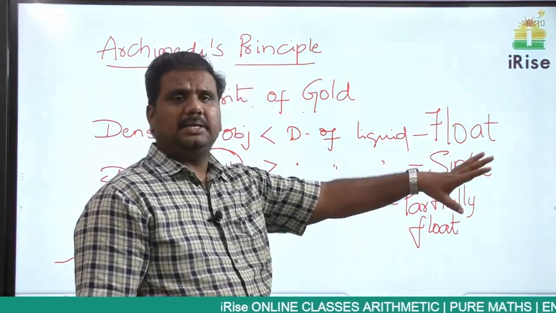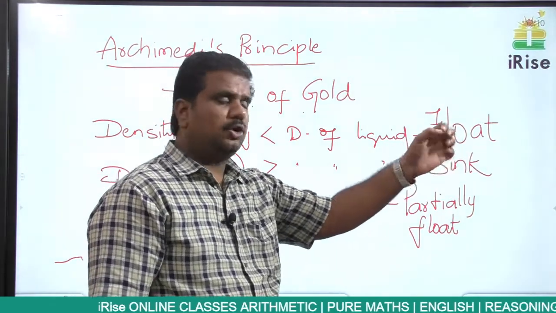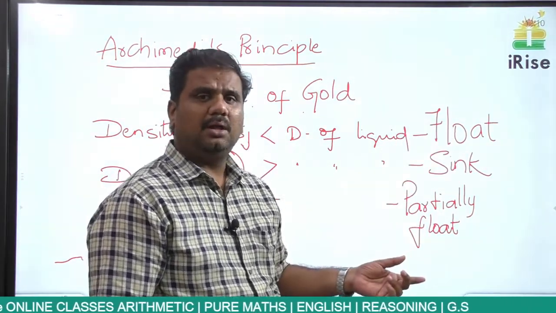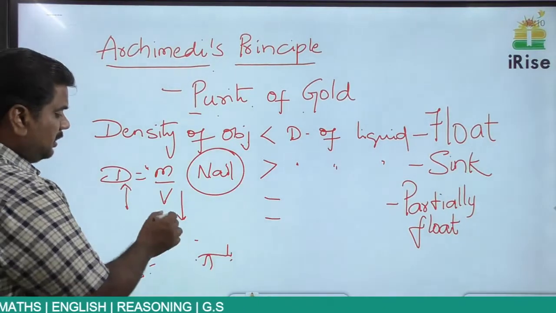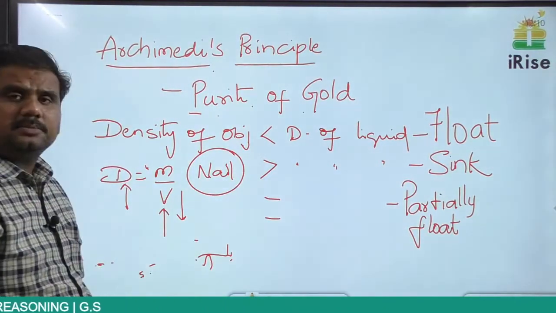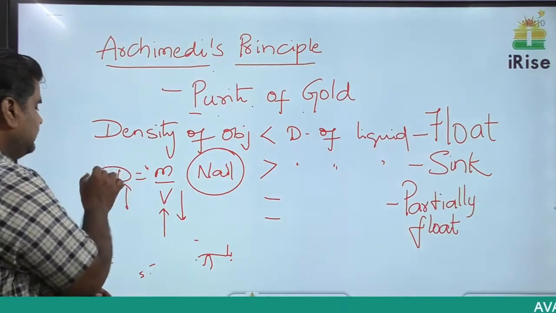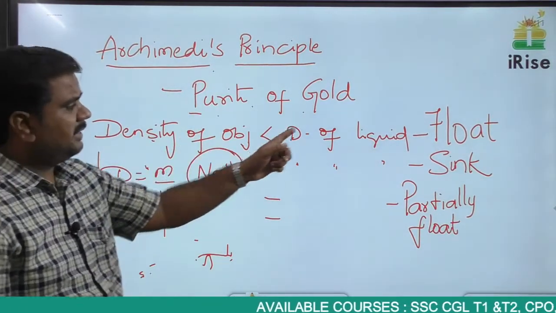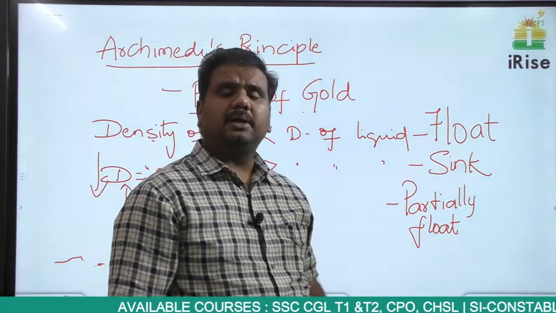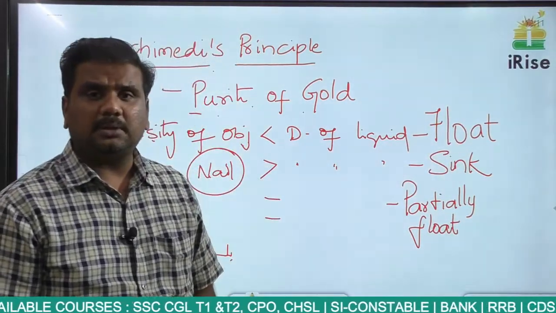Then the same iron nail you convert into a very thin foil, the volume will increase. If the volume is increasing, density is decreasing. So if the density of the object is less than the density of the liquid, then the object has to float.